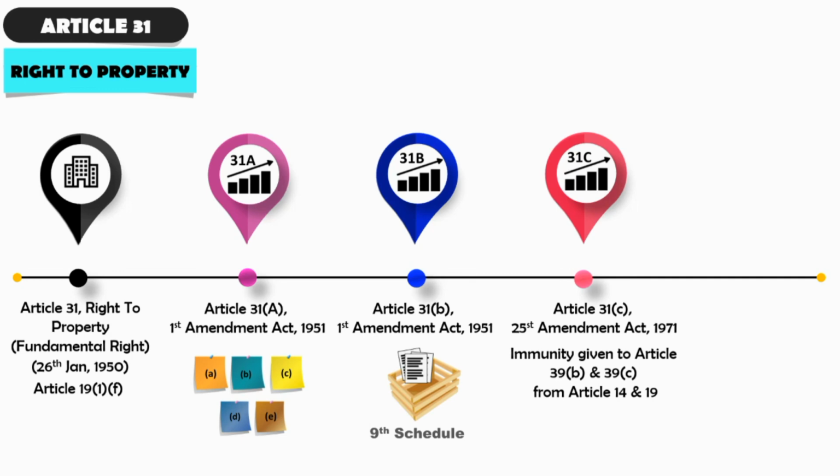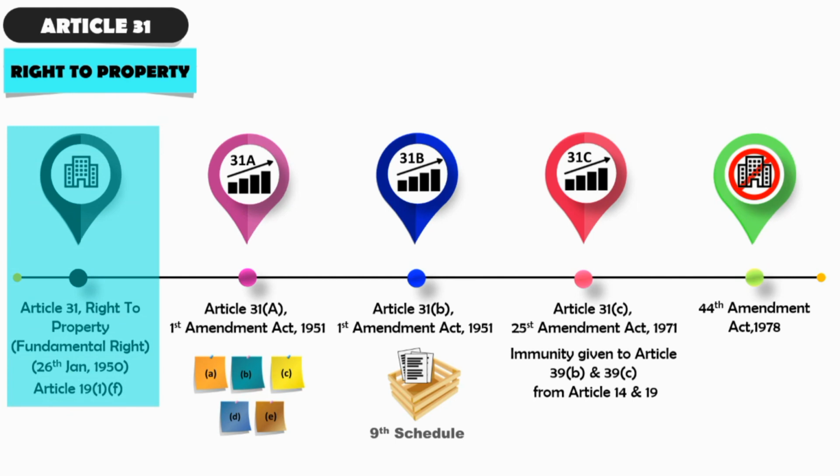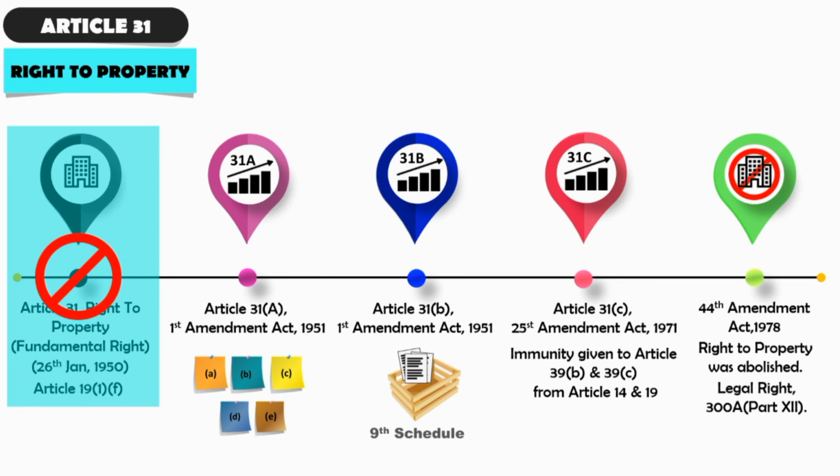Now coming to the conclusion of right to property, which was done by the 44th Amendment Act of 1978. By the 44th Amendment Act of 1978, right to property, that is Article 31 and 19 Clause 1F, was abolished as a fundamental right and made a legal right under Article 300A in Part 12 of the Indian Constitution.